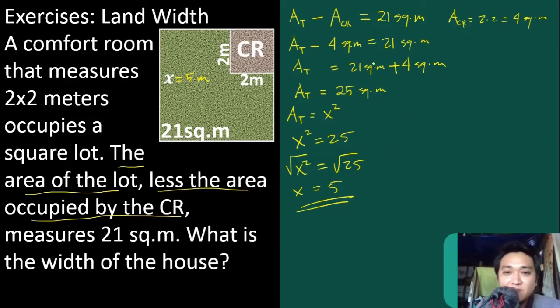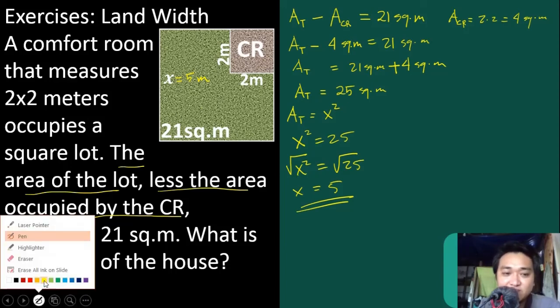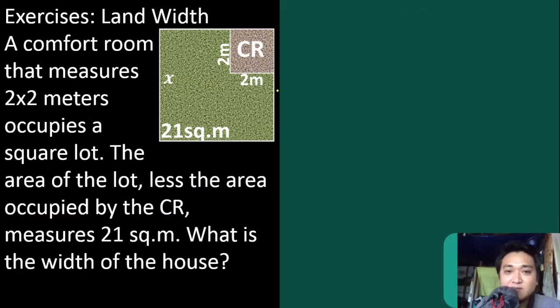Now, there are other ways para ma-solve natin yung problem. There's also another way para ma-solve natin yung problem, and that is by using factoring method. So let's say the area occupied by the CR is equivalent to 2 times 2, that is equivalent to 4 square meters.